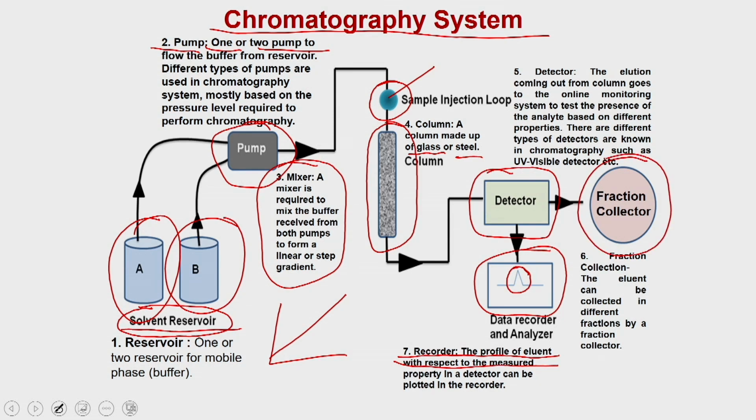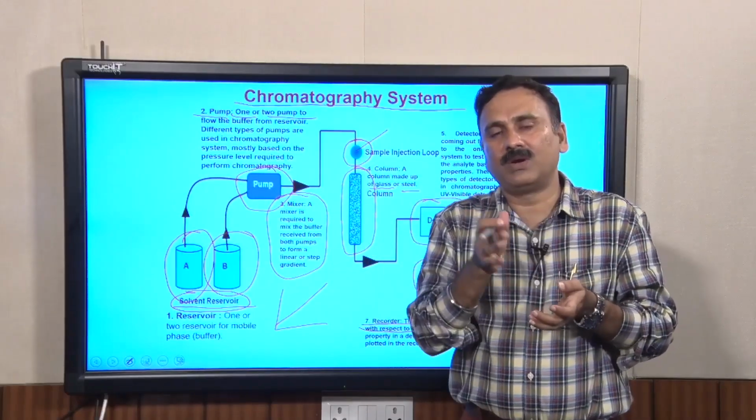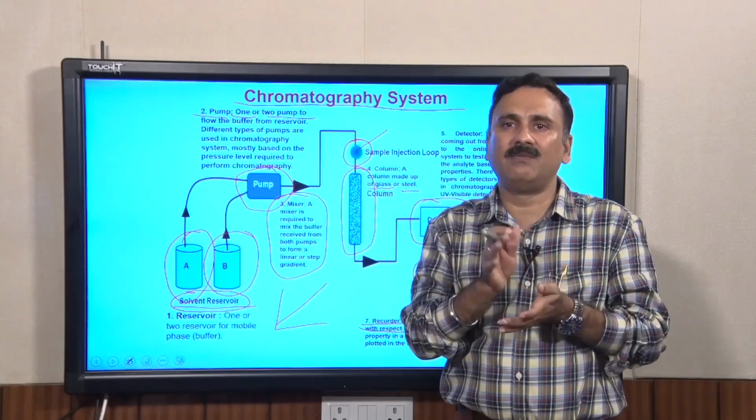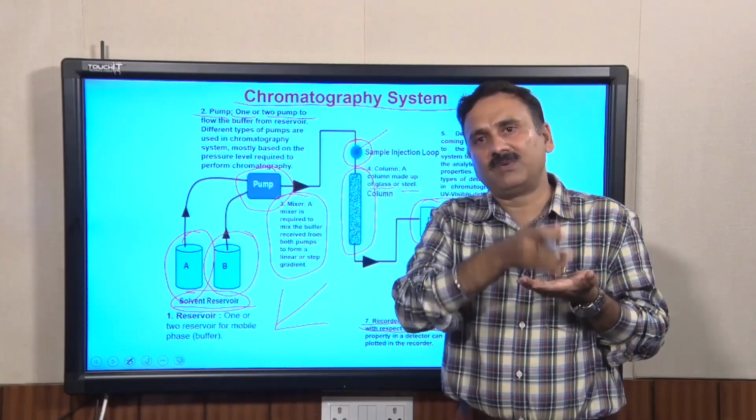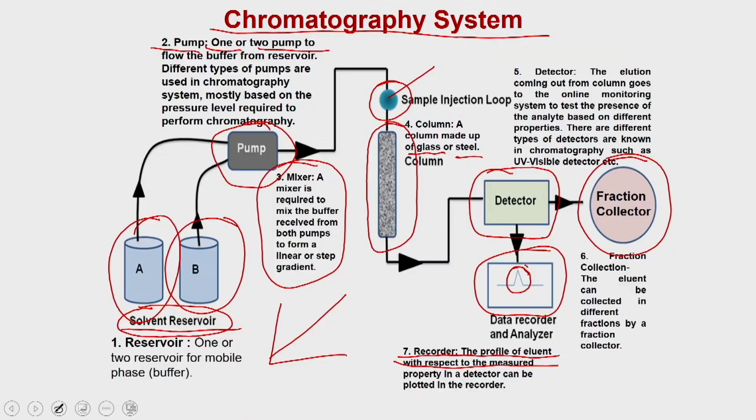The fraction collector is going to start collecting this particular peak in the form of different fractions. You can give the instruction that you want 1 ml fractions, so it will start collecting 1 ml fractions and collect the whole peak. So, this is all about the chromatography system.